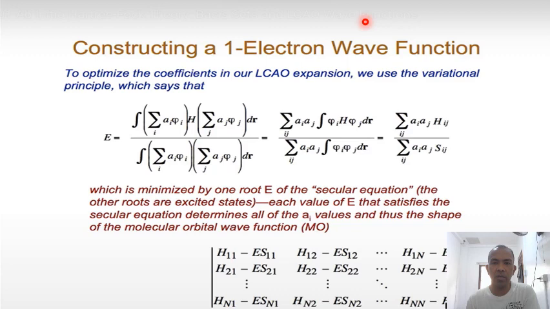We will extract the roots E that cause this determinant to be equal to zero, and for every one of those roots E, we will get a unique set of coefficients that multiply all our basis functions and describe a different molecular orbital.